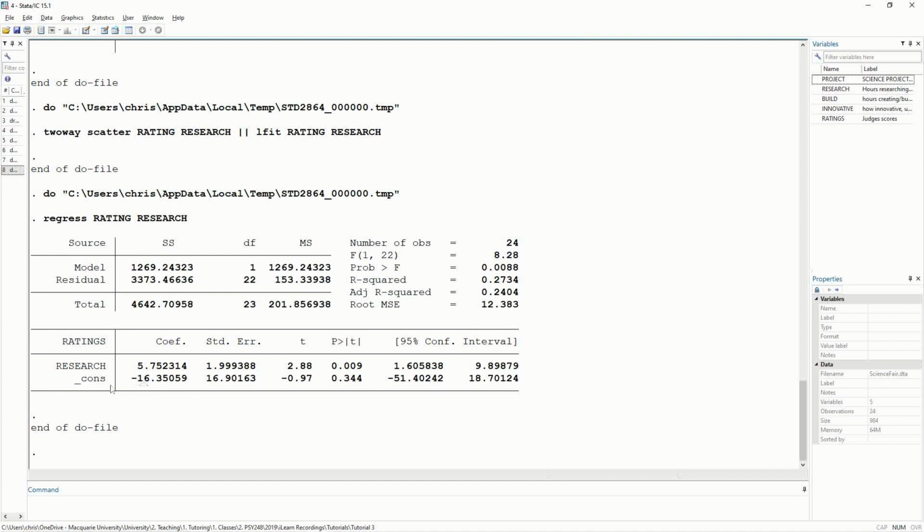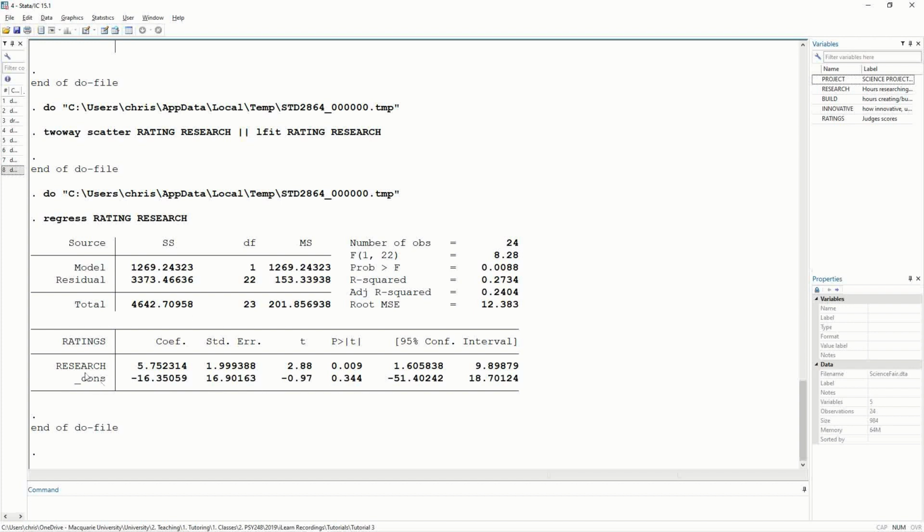So the takeaway message is that the constant here has a coefficient of -16, and this -16 is the predicted dependent variable score, the predicted rating for a student who did 0 research, who had 0 hours of research put into their project. We expect them to get a rating of -16. It doesn't make sense, but that's perfectly fine, and we'll talk about why that is in a second. For the purposes of 248, we don't care about any of these other statistics for the constant. We only care about the coefficient.